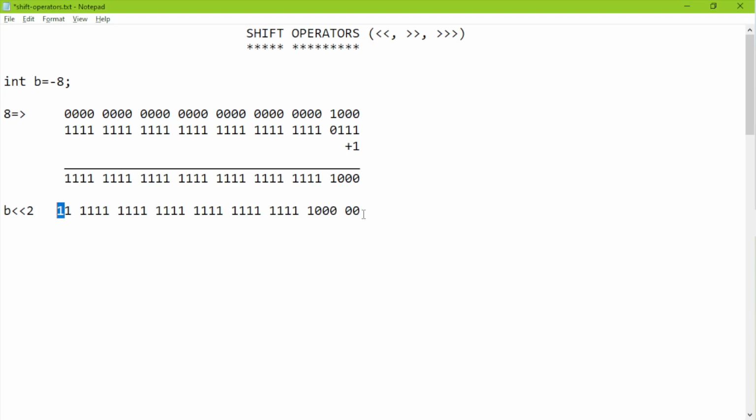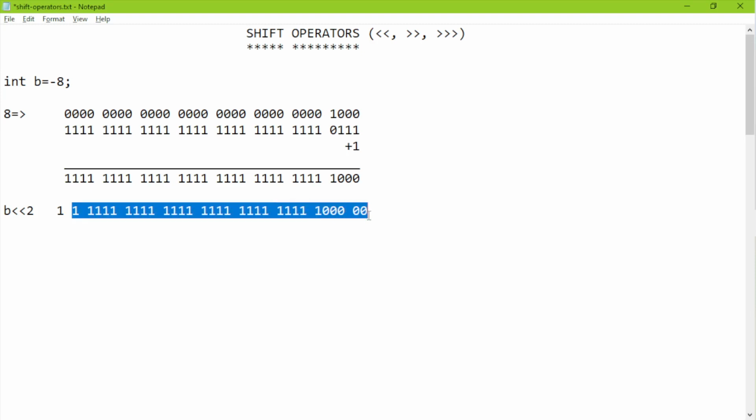Now we have to convert this into a number. If the left-most bit is 1, this represents a negative value, so we keep this 1 separately. This is the negative value, and we have to get the digit for this binary representation.